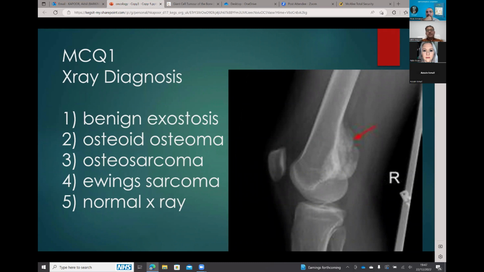And how is the bone reacting to this lesion? That gives you an idea whether this could be a benign, less aggressive lesion or a more aggressive malignant lesion. And as you can see in the 5 options, there are a few benign lesions and a few more malignant looking lesions. So pick one. Certainly I am sure nobody has picked a normal X-ray so far.